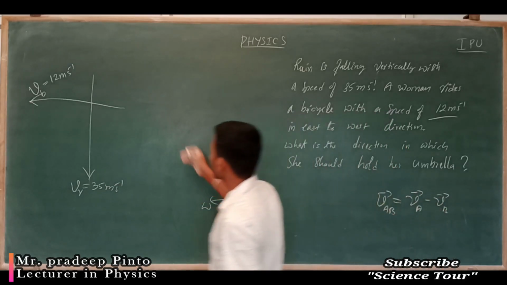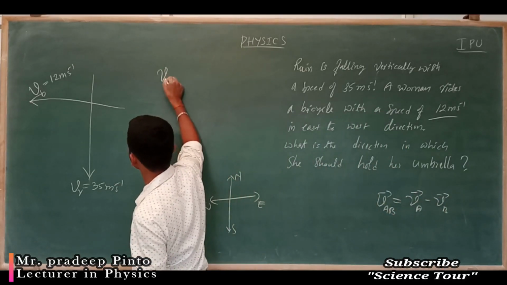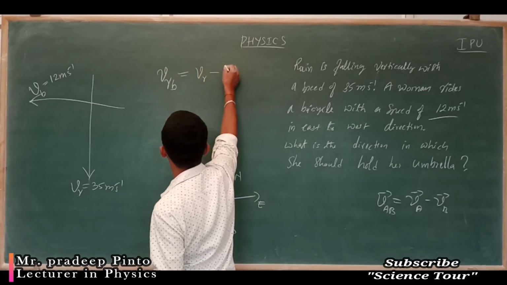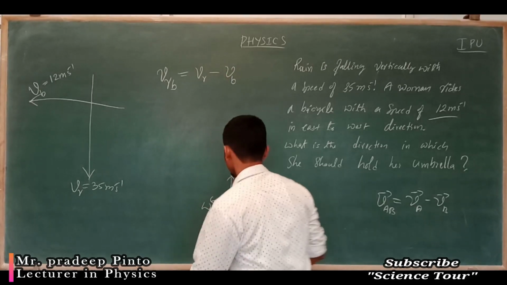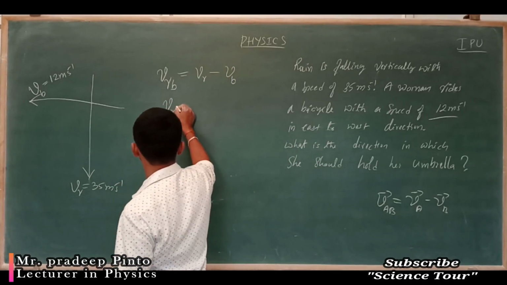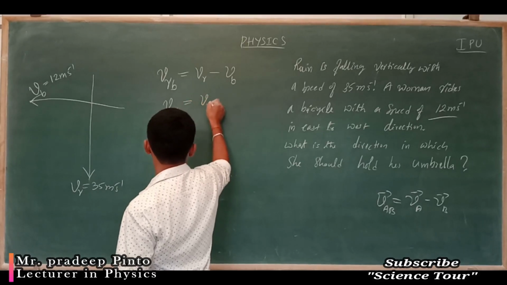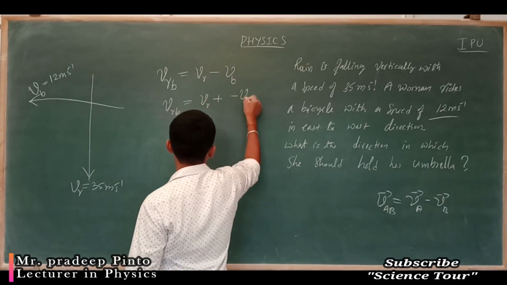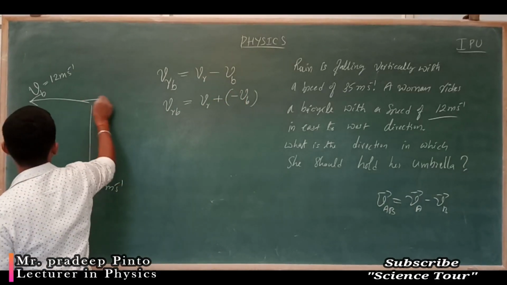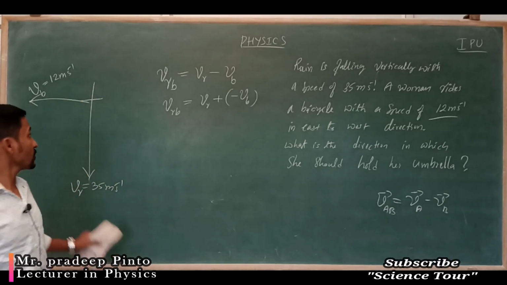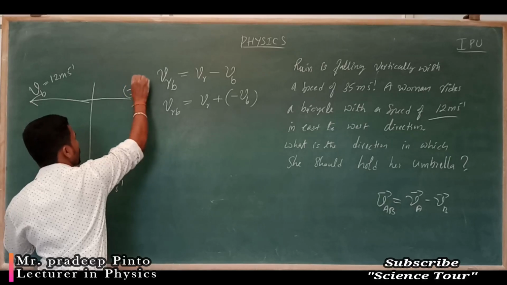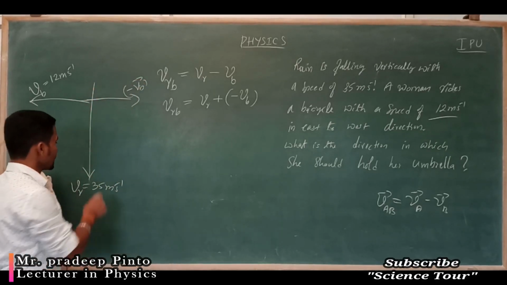Now what you have to find out is the direction of the velocity of the rain with respect to the bicycle; there you have to keep the umbrella, no? Now I can write this as velocity of rain with respect to bicycle is velocity of rain plus minus VB. This is minus VB.